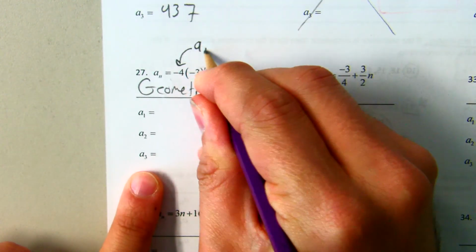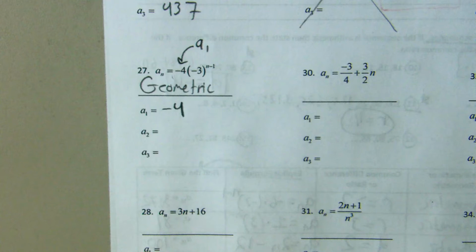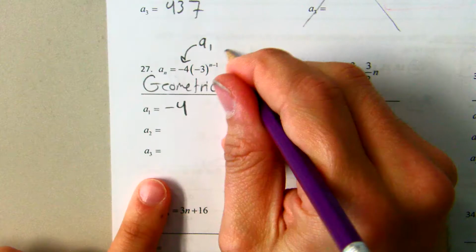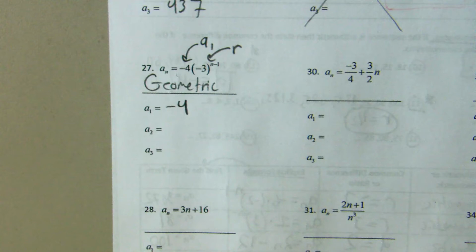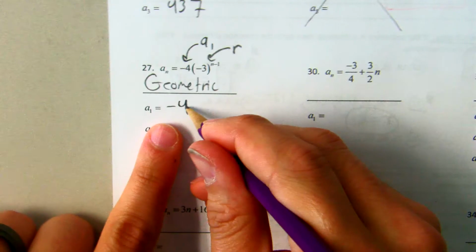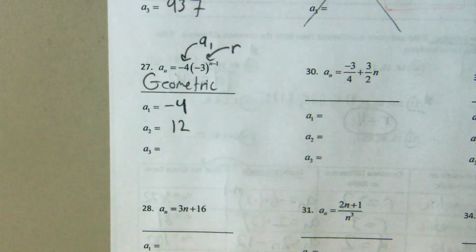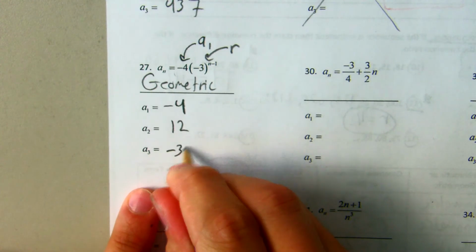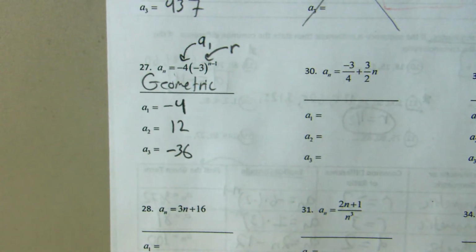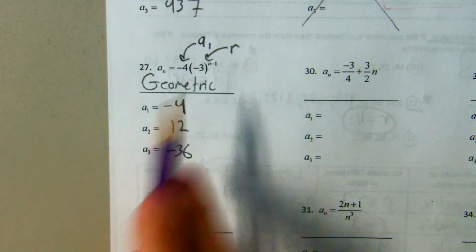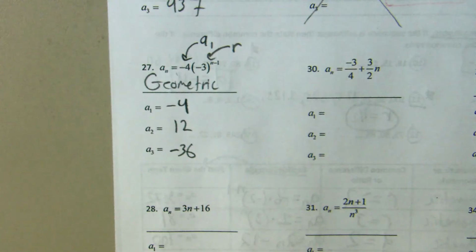This is always the first term, a sub 1. This is the common ratio, which means what you're multiplying by. So if this is the first term, multiply by negative 3 to get the second term, multiply by negative 3 to get the third term. To me, that's easy. But I also recognize the formula and I know what those parts are.